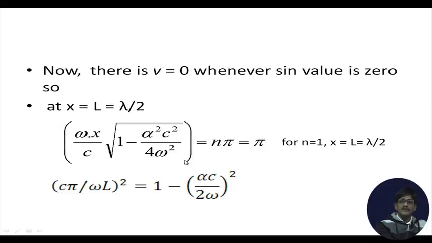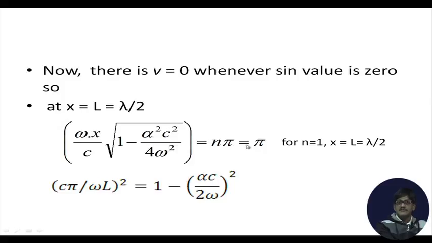We understand that sine 0, sine pi, sine n pi, sine 2 pi, etc., all these places the value of sine is going to be 0. So we have already considered this to be 0. Now let this be equal to pi, the second successive case.